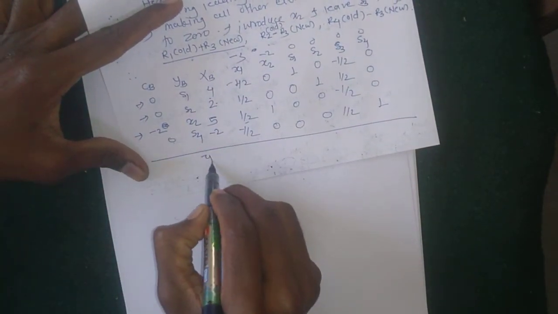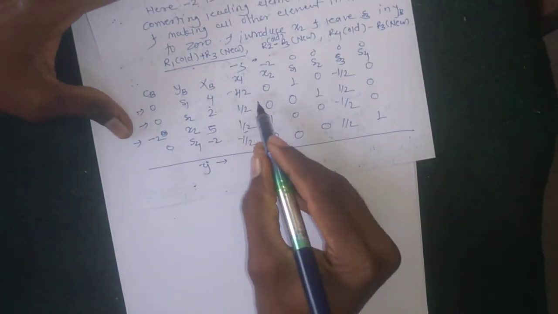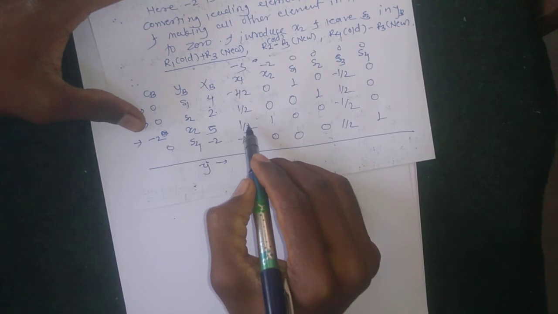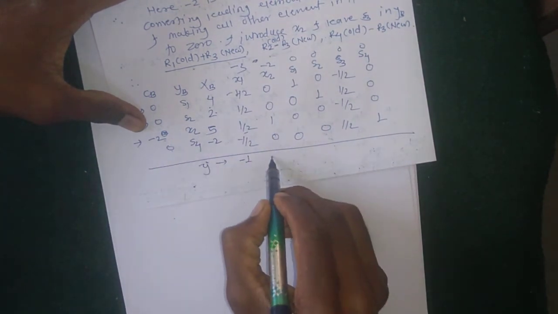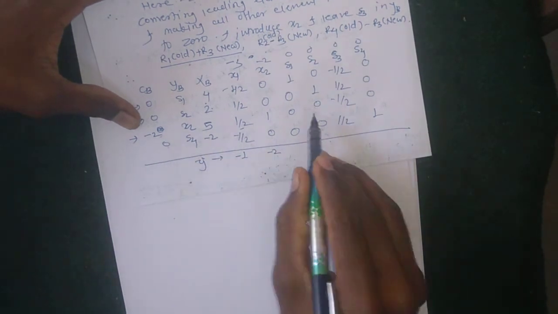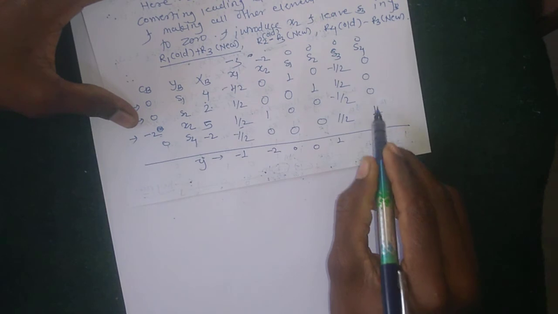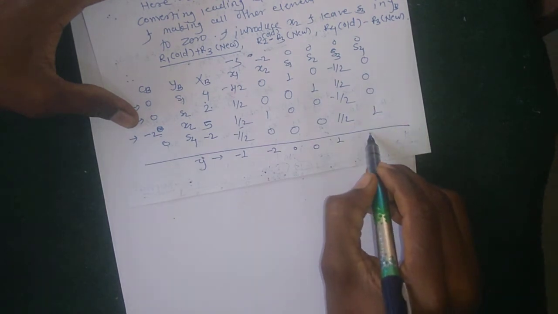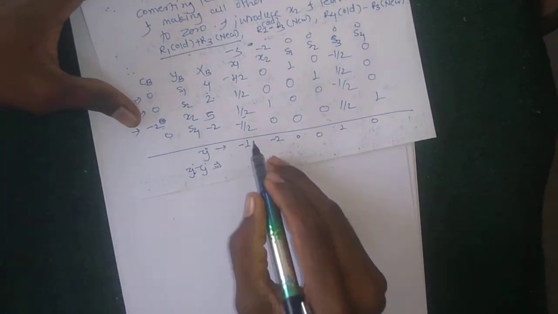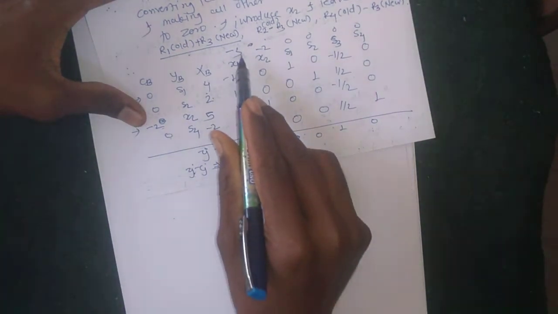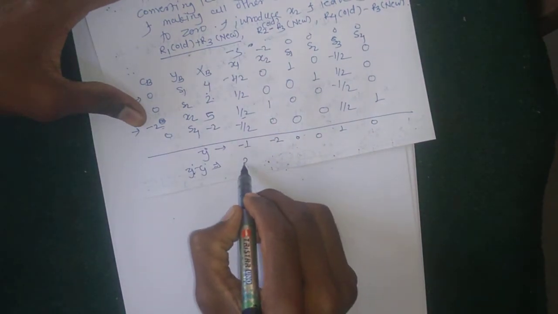Then we have to find the ZJ firstly. Okay, so ZJ is minus 1, here minus 1, here minus 2, here 0, 0, here 1, and here 0. Okay, so ZJ minus CJ is minus 3 plus minus 1 plus 3, 2.